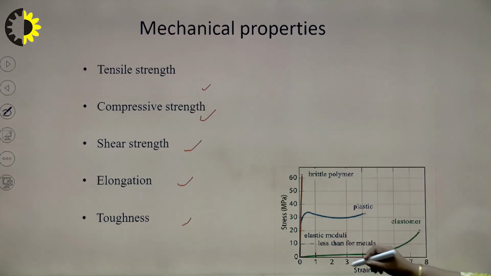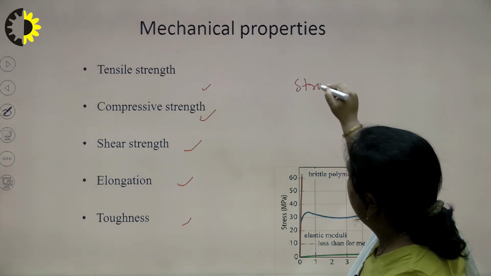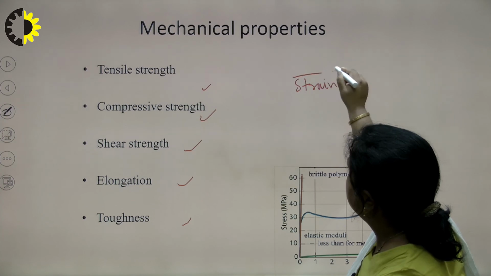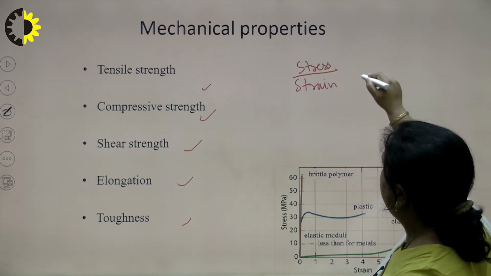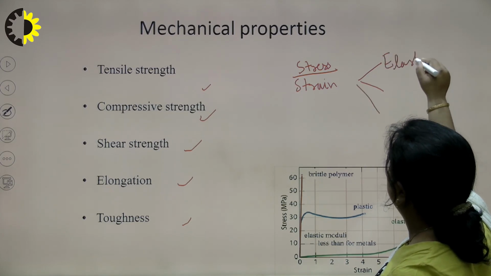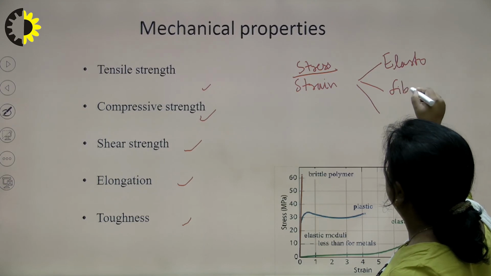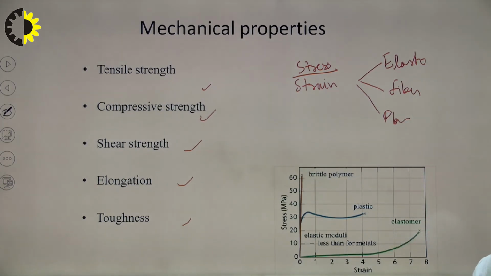And if we compare on the basis of modulus, that is stress over strain ratio, and we know that polymers are of three types: elastomer, fiber and plastic. First, stress means force per area, and strain means when we apply the force, the change in distance with respect to original distance.